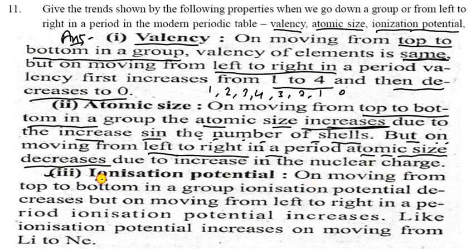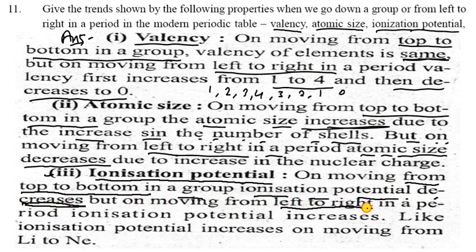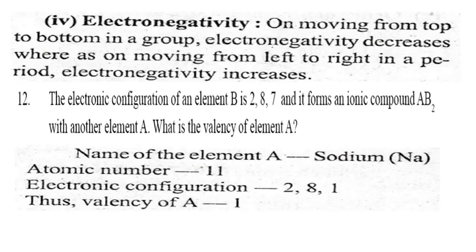Now third one is the ionization potential. On moving from top to bottom in a group, ionization potential decreases. Always remember, it decreases. But on moving from left to right in a period, ionization potential increases. Like ionization potential increasing from lithium to neon. So that is the answer. So you have to write. So let us see the next one.